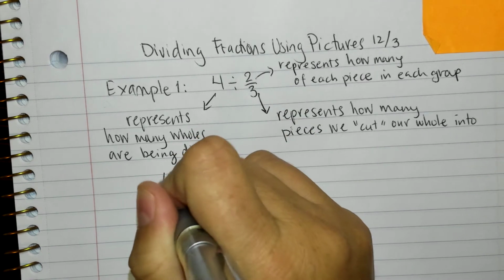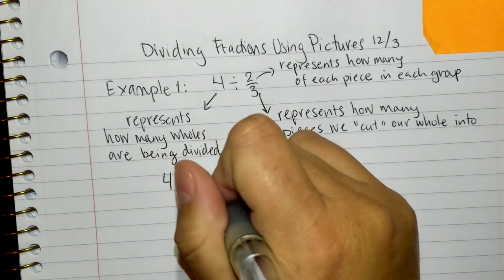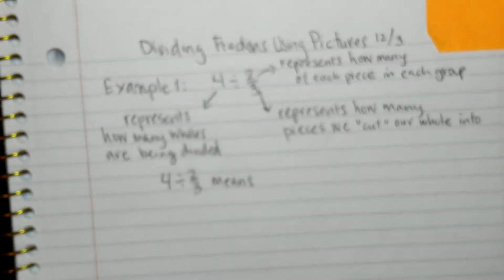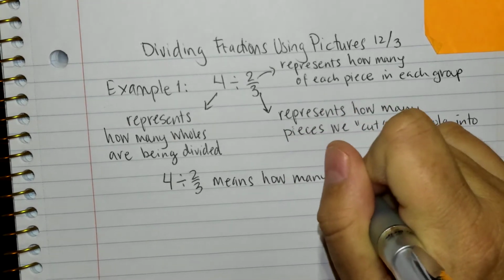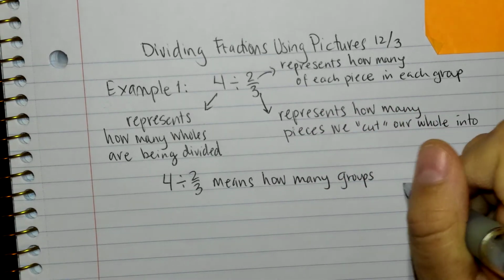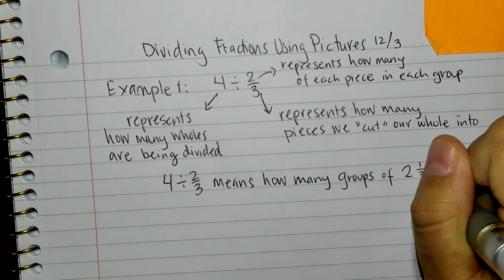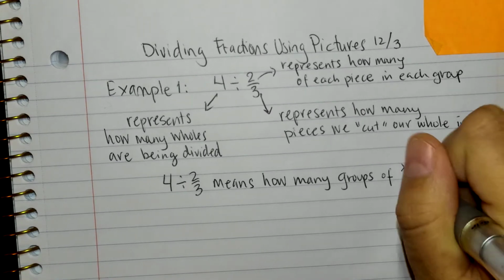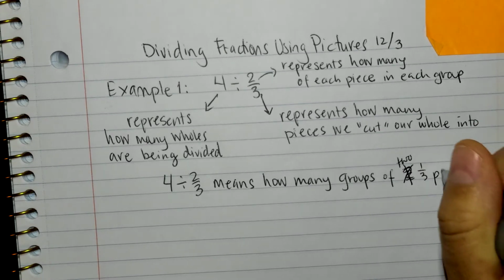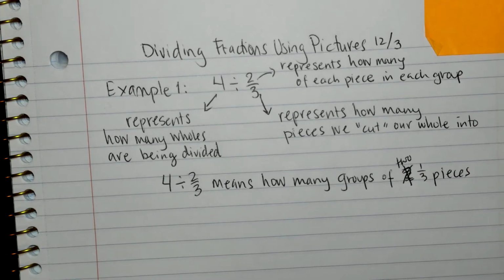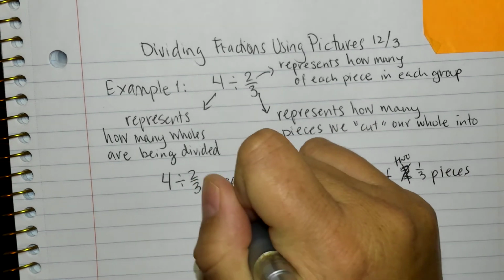And so what 4 divided by 2/3 means is how many groups of 2 1/3 pieces, I'm going to write 2 instead of the number 2 because then it looks like a fraction, 2 1/3 pieces will 4 wholes give us?